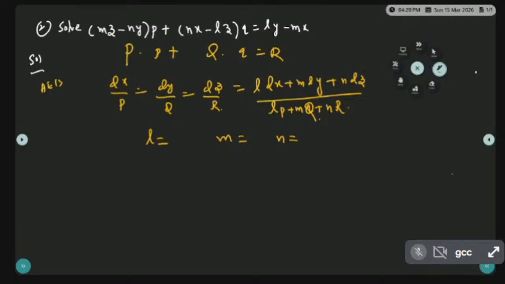In the last right side, what is the denominator? lP plus mQ plus nR. Now search what is l and what is m and what is n.